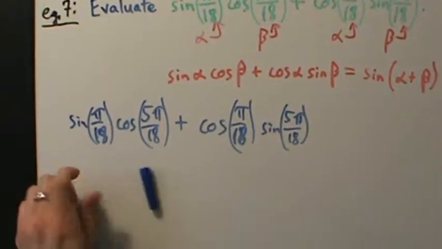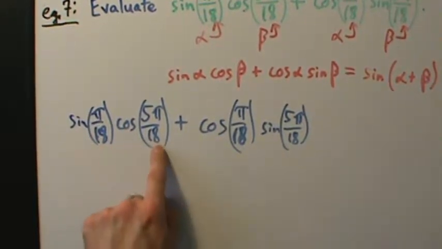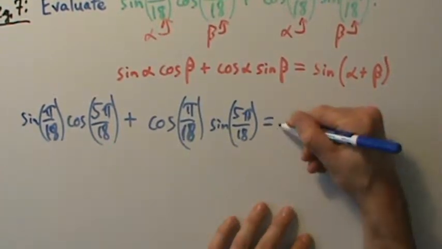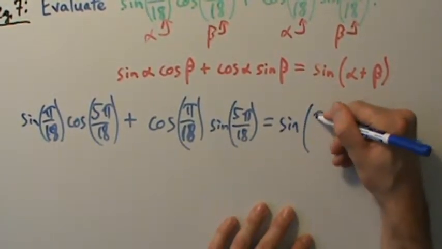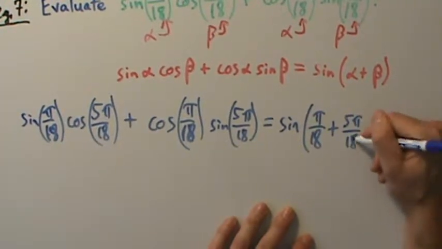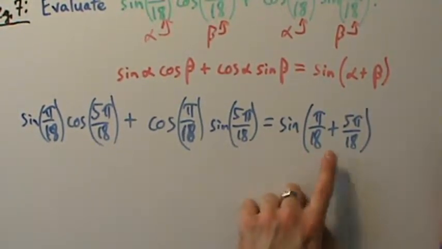Again, this is sine alpha cosine beta plus cosine alpha sine beta, and that equals sine of alpha plus beta. That's sine of pi over 18 plus 5 pi over 18.